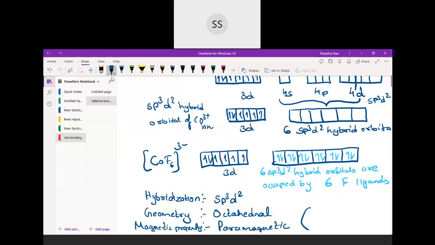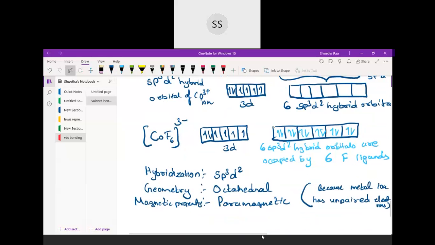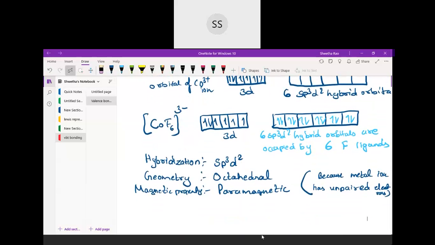If you want, you can write here, okay? Because metal ion has unpaired electrons. They have unpaired electrons. Okay, so they are paramagnetic in nature. And then the last one is the type of complex.